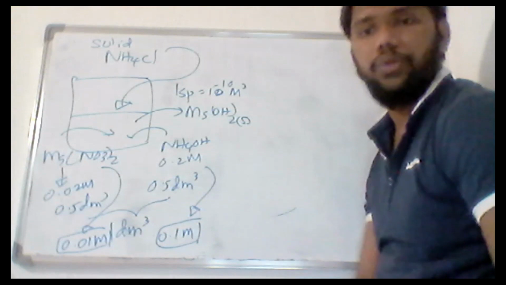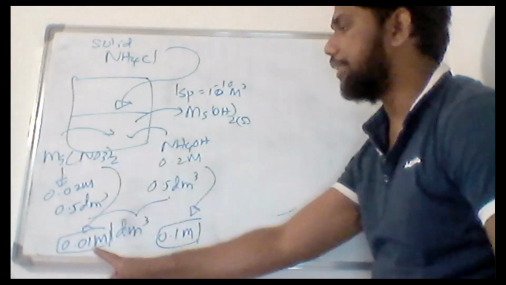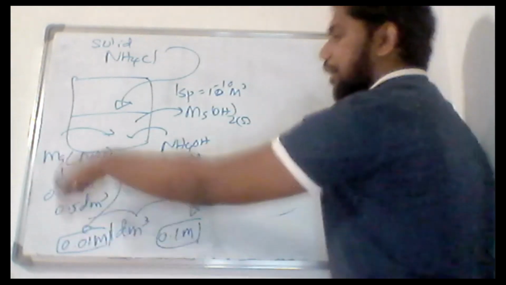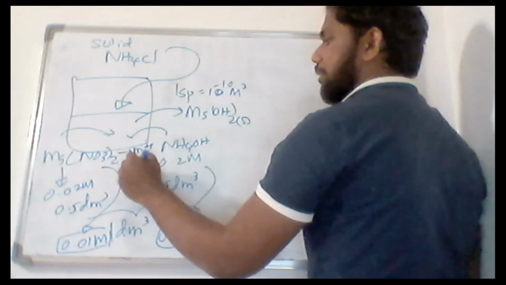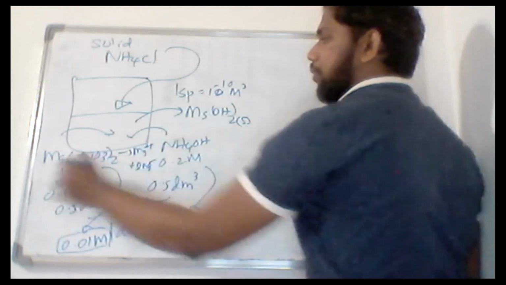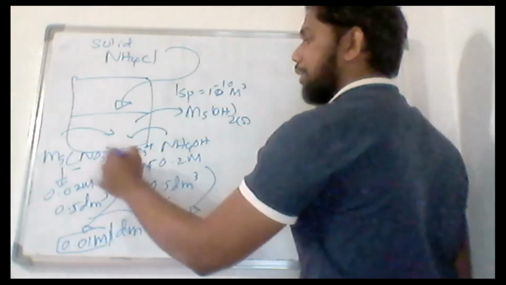How do you check? You calculate the ionic product. For the Mg2+ concentration you can directly take 0.01, because Mg(NO3)2 gives Mg2+ and 2NO3-, so the concentration of Mg(NO3)2 equals the concentration of Mg2+.